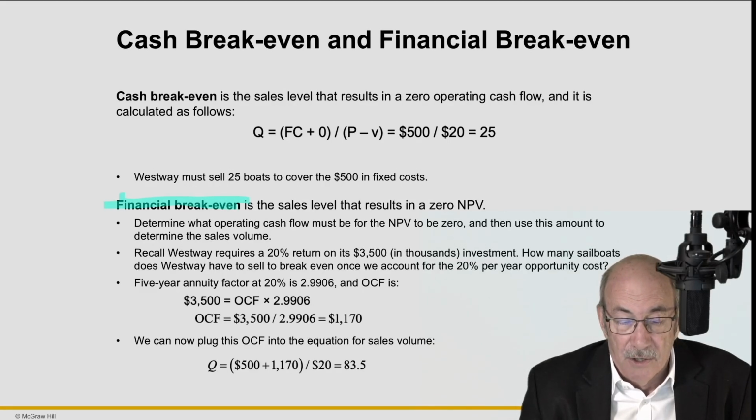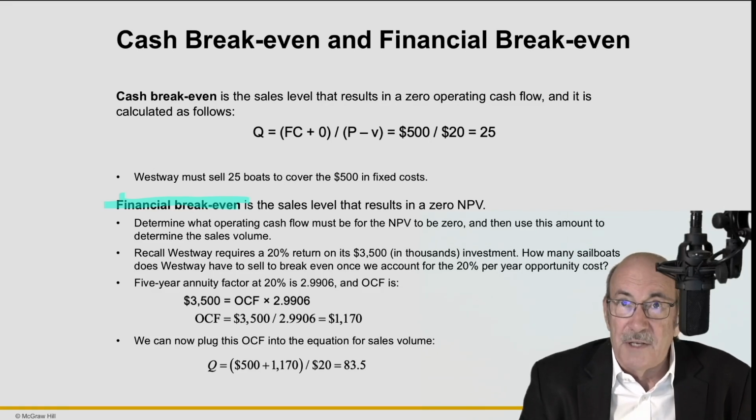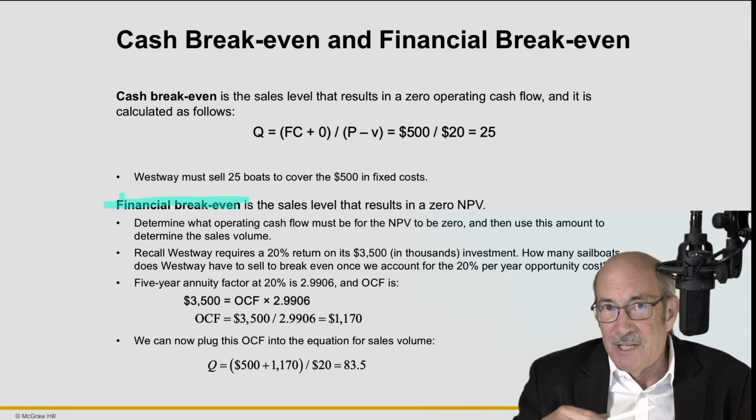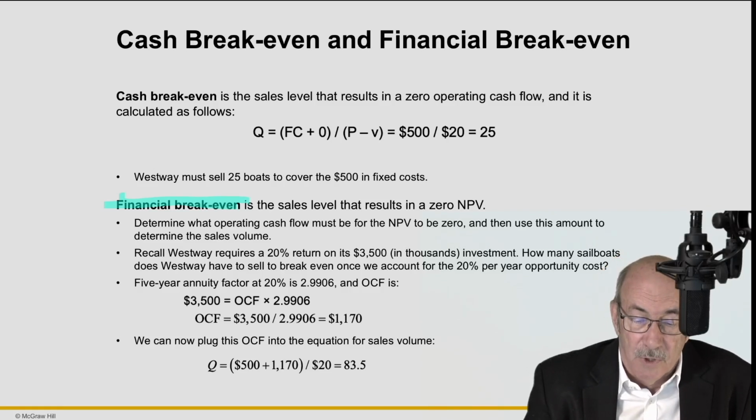Now, here, using that same formula, what we're trying to do is look at what operating cash flow we need to generate annually in order to pay us back exactly $3.5 million. That's what they're doing right here.